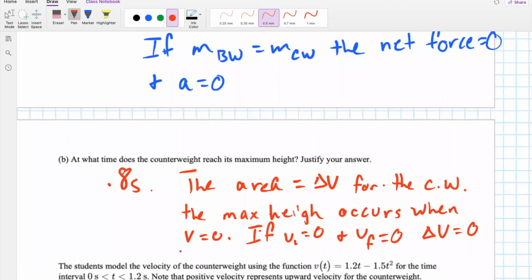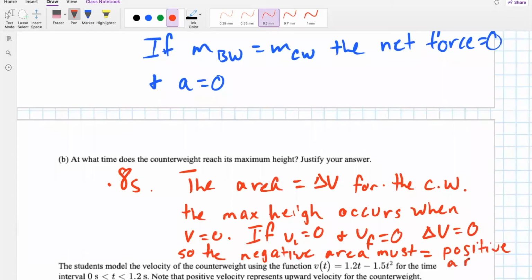So we need a net area of 0. A positive area. And this would occur at 0.4 seconds. I mean, at 0.8 seconds, sorry.